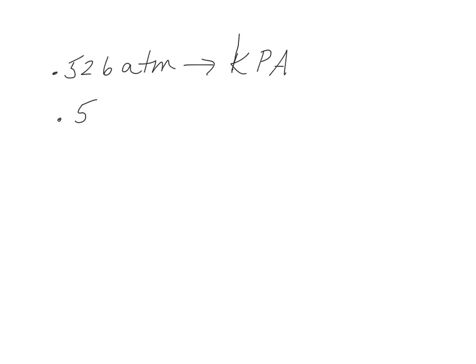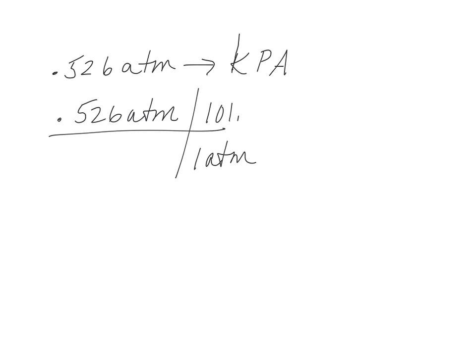So 0.526 atm. And what do you know? You know that 1 atmosphere is equal to 101.3 kPa. Easy enough, right? That's going to come out to be 53.29 kPa.